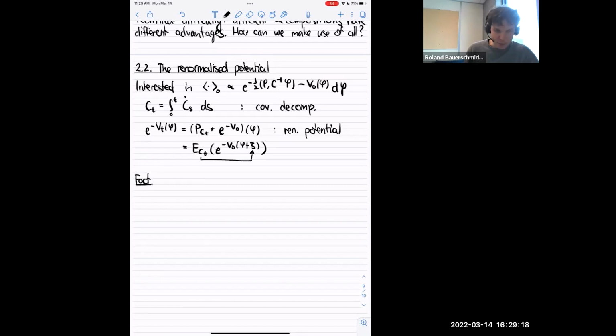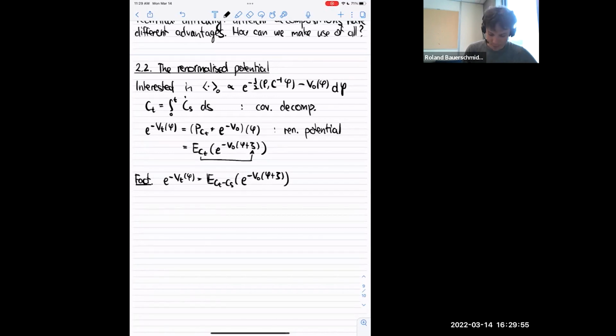So here are another few facts. First of all, using the decomposition property of the Gaussian, or the convolution property for Gaussian measures, we know that e to the minus Vt of phi can be obtained by starting not with a potential at scale 0, V0, but instead with Vs, and then convolving with the Gaussian measure with covariance Ct minus Cs.